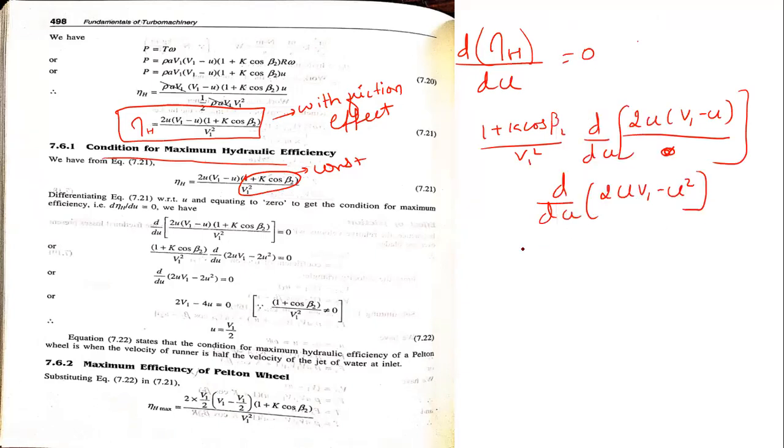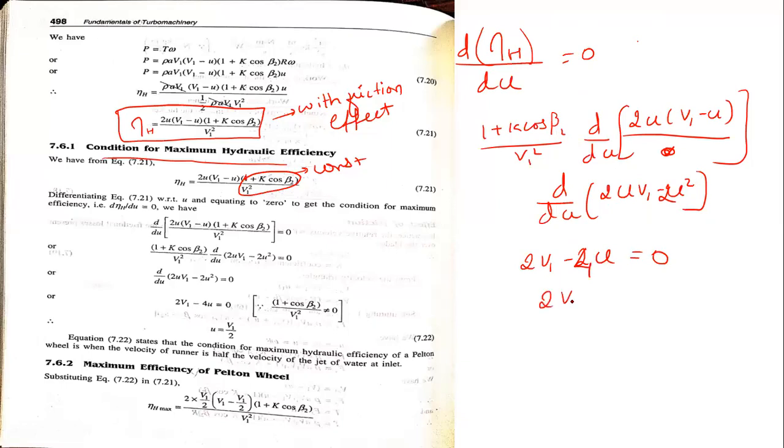If I differentiate this, 2V1 minus 4u is equal to 0. Differentiation of u becomes 1, differentiation of u square is 2u. So we can write 2V1 minus 4u.